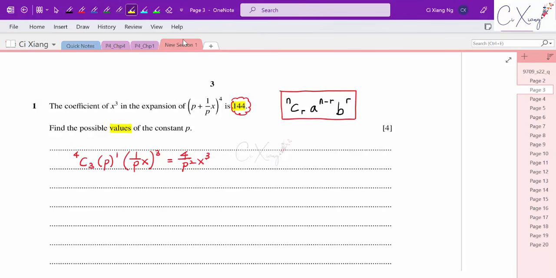And for our expansion here, the coefficient is 4 over p squared. Therefore, I compare 4 over p squared with the value 144. My p squared, I should get 1 over 36. When I take the square root of both sides, I will have plus minus 1 over 6. So these will be the values for p.